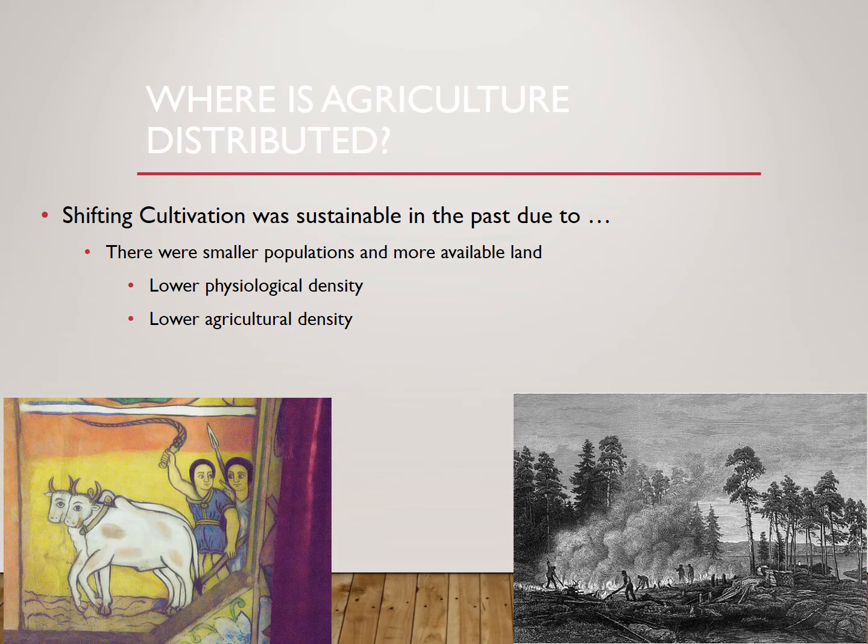But now you've got greater density. Every type of density is greater, at least in LDCs. You've got more people, so that means more farmers, and you don't have as much arable land to go around. And that gets at one of the biggest problems with shifting cultivation.